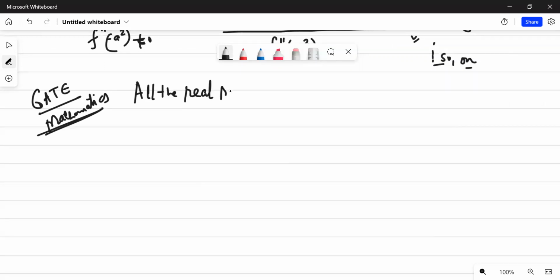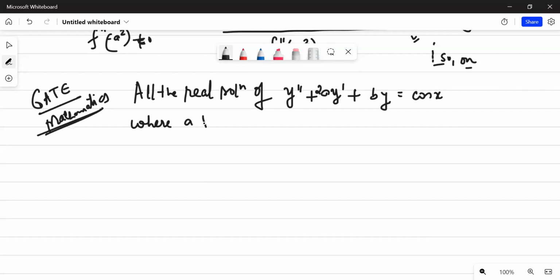The question says that all the real solutions of the differential equation given by y double dash plus 2ay dash plus by is equal to cosine of x, where a and b are constants, are periodic if.